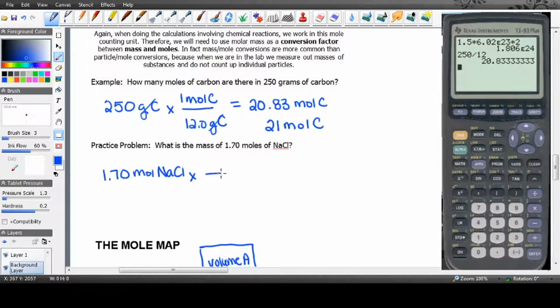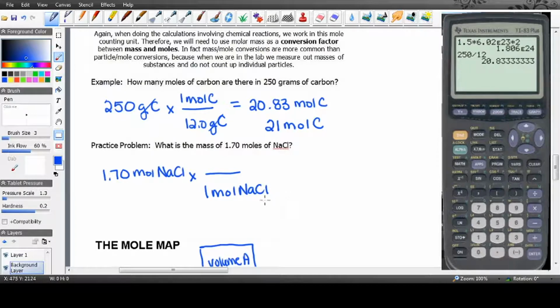To figure out the mass of that, I need the molar mass of sodium chloride. It's the mass in 1 mole. So my 1 mole is going to go on the bottom this time. Again, remember, you're just going to flip your conversion factor depending upon whether you're trying to go into the mole or out of the mole.